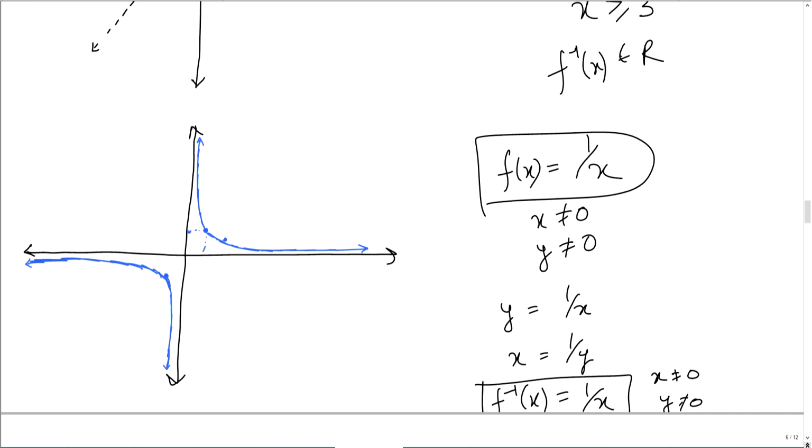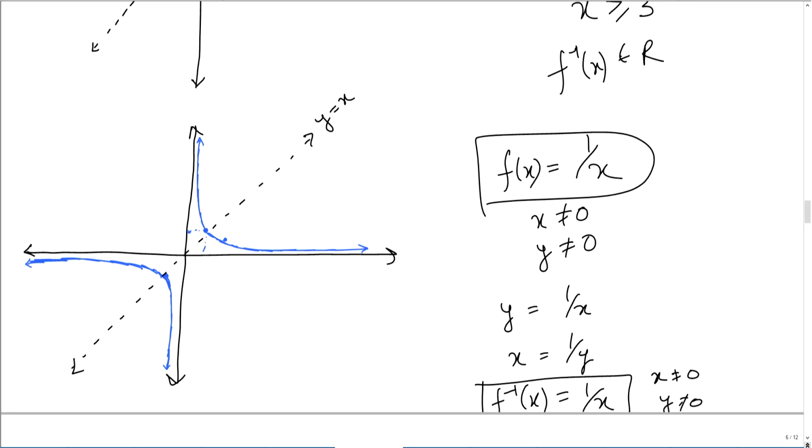Now, interestingly here the inverse function has the same form. Why is that? Let us see. If you draw this mirror y equals x, what you see is that the graph you are seeing is already a mirror image of itself, right? So, this graph is already symmetric around y equals x.